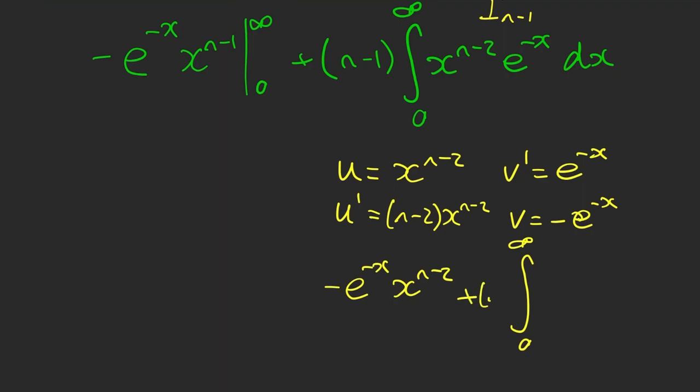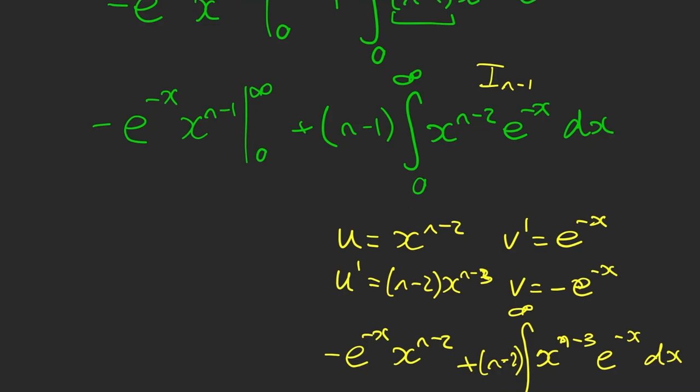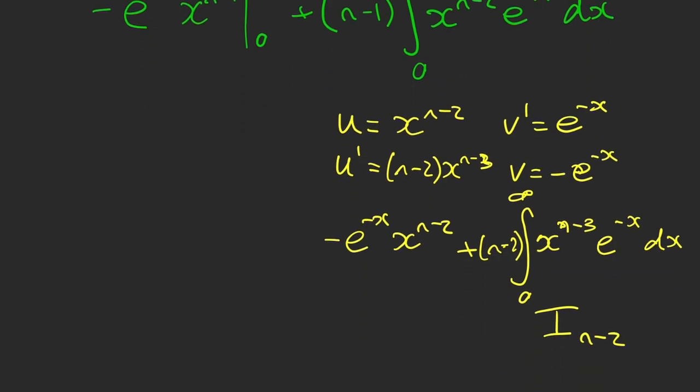So that's going to become a plus n minus 2 comes out the front, x to the, oh, that should be n minus 3 as well, my bad, x to the n minus 3, e to the negative x dx. Right, and this pattern is going to keep on occurring, because this is just I of n minus 2. This was I of n minus 1 up here, and so we've got I of n minus 2 down here.